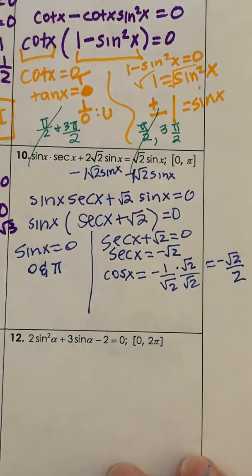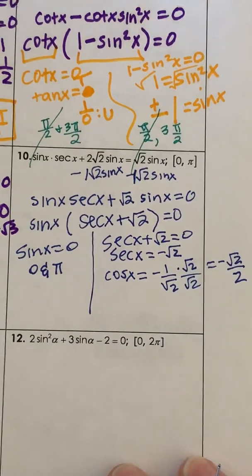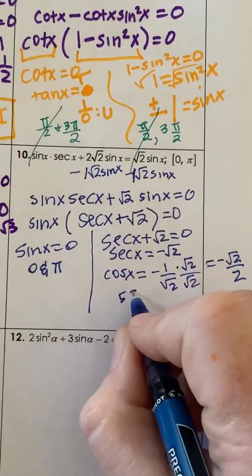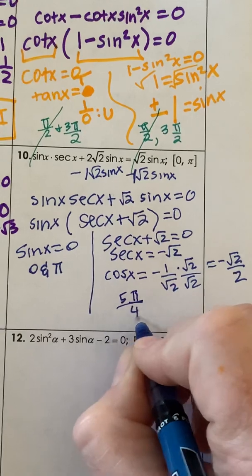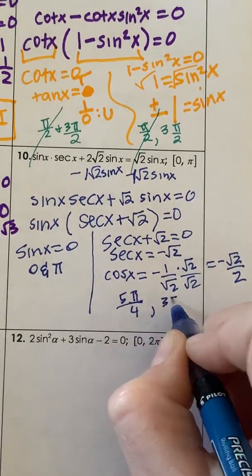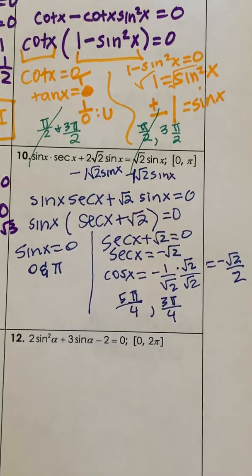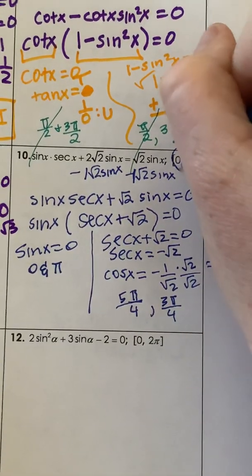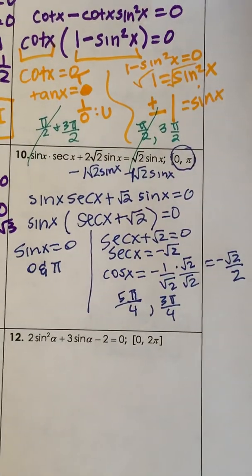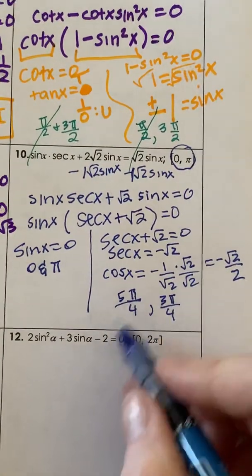Okay, so where's the cosine x negative root 2 over 2? 5 pi over 4 and the negative 3 pi over 4. Okay, so then let's choose the ones between 0 and pi. That just gets rid of 5 pi over 4.